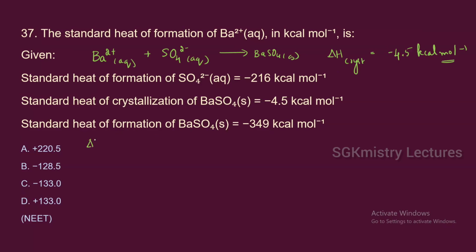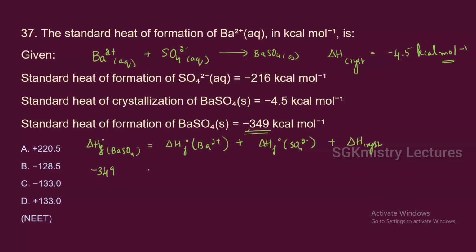So now delta H of formation of BaSO4 will be equal to delta H of formation of Ba2+ plus delta H of formation of SO4 2- plus delta H of crystallization of this particular compound. Now here delta H of formation of barium sulfate is already given, that is minus 349 kilocalories per mole.